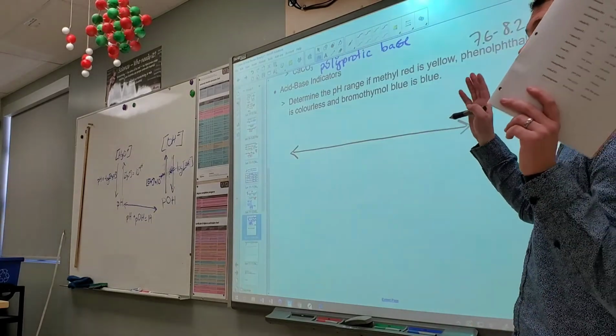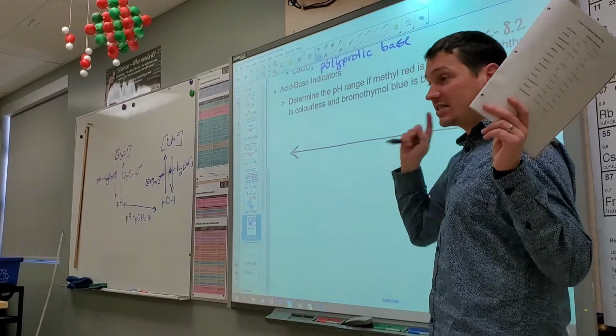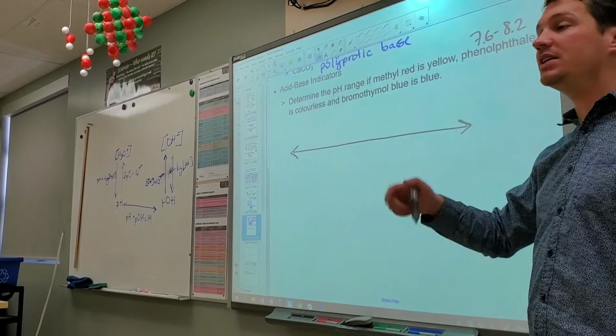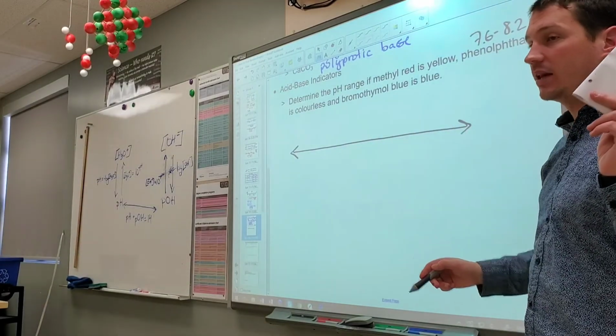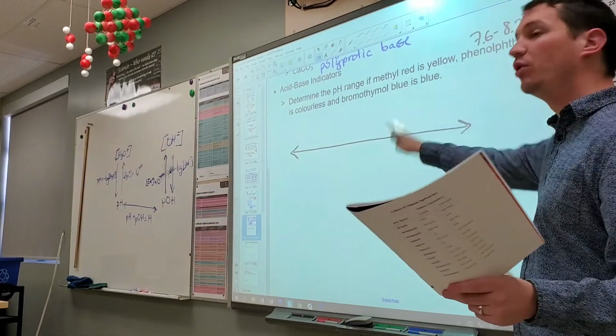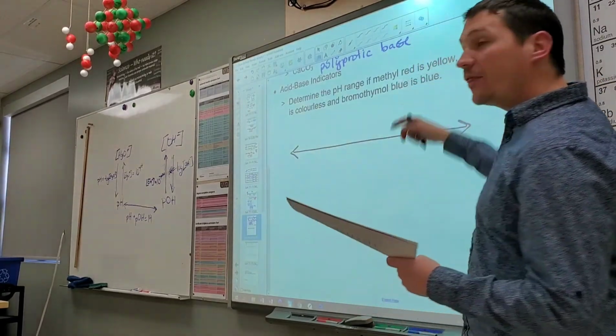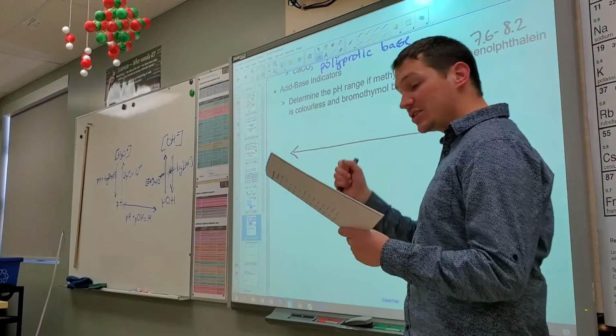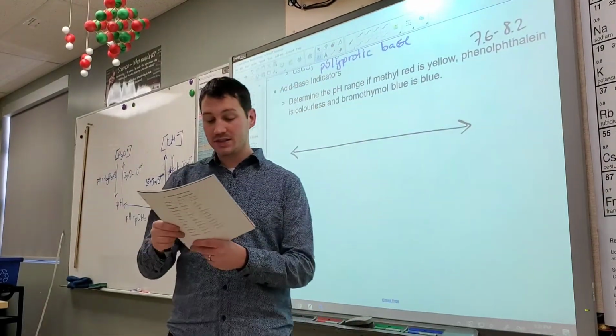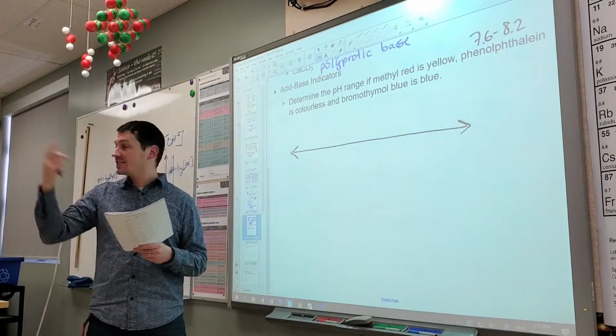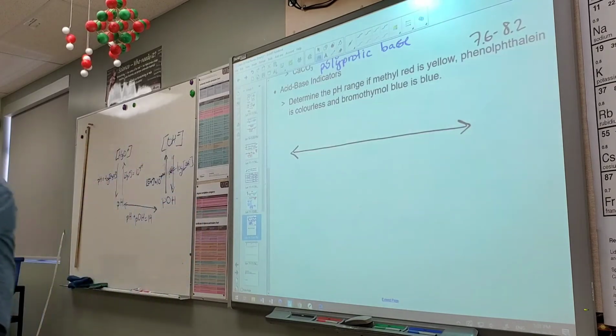Okay. So let's do this. If you have no clue what's going on, I'm not going to teach you the other method. Let's just draw a line, just draw a picture. If methyl red is yellow, what range does it have to be? It has to be 6 or above, which means it can't be 5.9 or below.